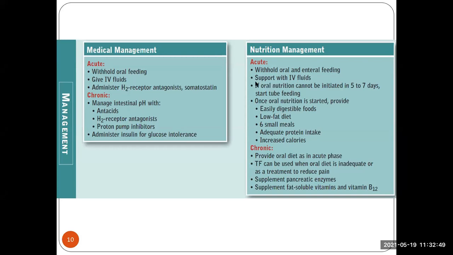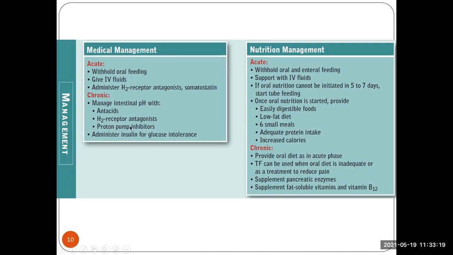Likewise, there is administration of medicines like hydrogen receptor antagonists and somatostatin hormones. These are provided. In case of chronic pancreatitis, the pH of the intestine is managed with the help of different agents like antacids, which are used to reduce the acidity of the stomach.